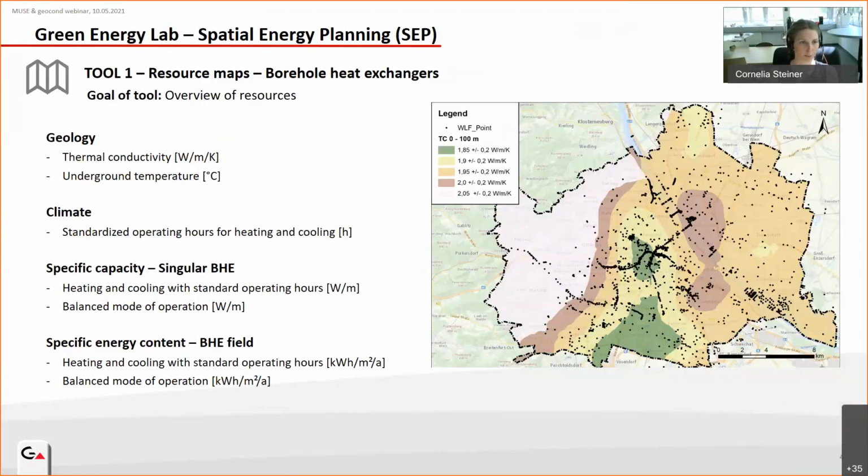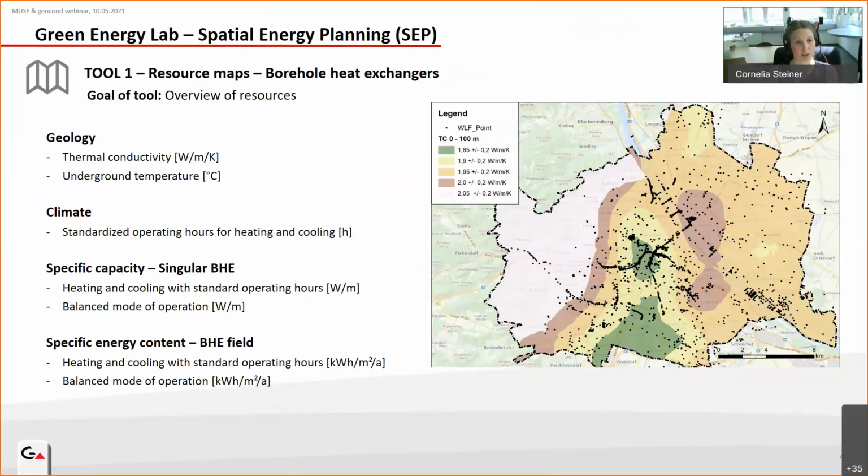So we also prepared a thermal conductivity map for a depth interval from 0 to 100 meters. We calculated the mean annual underground temperature also for the same depth interval. And then we looked into standardized operating hours for heating and cooling. And those operating hours will later on go into the calculations for the capacity and the energy content.